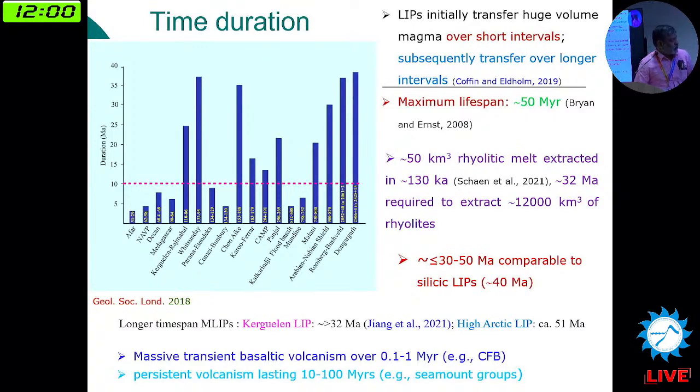These days, Kerguelen LIP has been identified to be more than 30 million years, in a Geology paper, and some other high Arctic provinces, etc. But the present concept is that massive transient basaltic volcanism takes place in a smaller period of time, but pulsatic magmatism is possible in LIPs, and that may be of extended time duration.